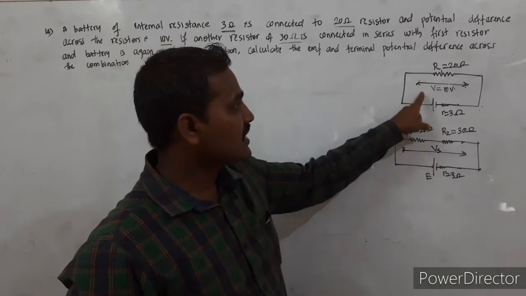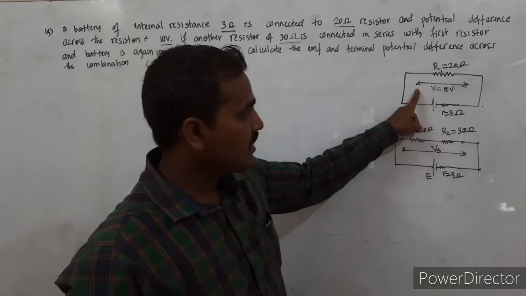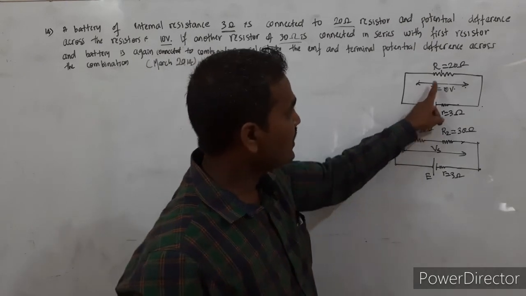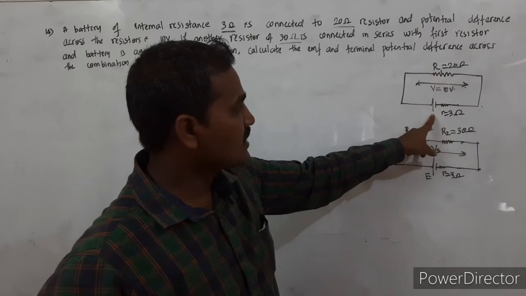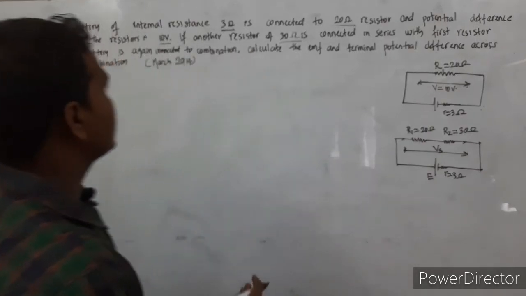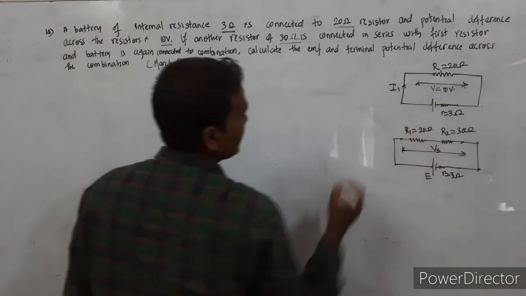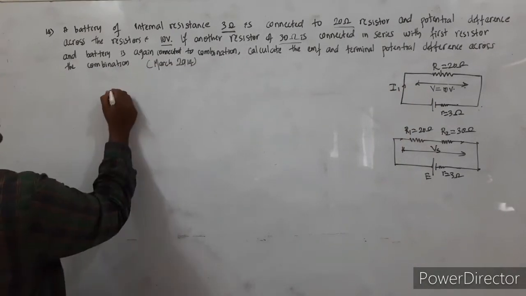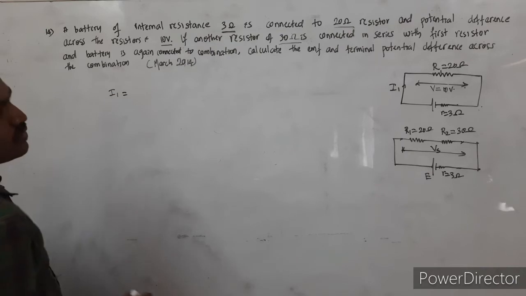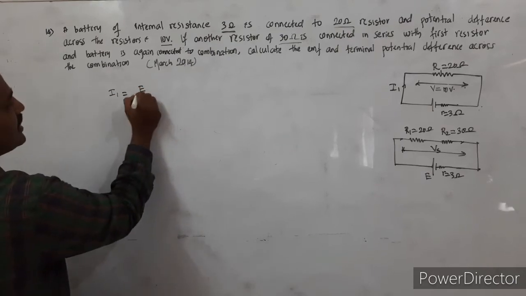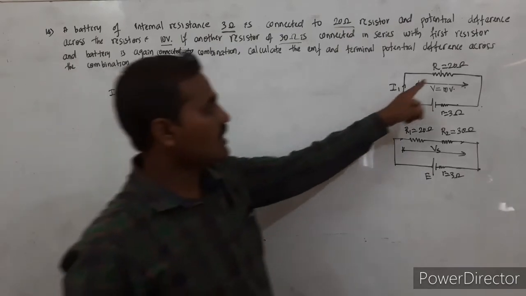Okay, so let us first consider the first case given. Whenever the external resistor is connected to the cell, we have the equation, that is, if the current flowing through this, let us consider this is I1, then I1 is equal to EMF of the cell E divided by the total resistance.